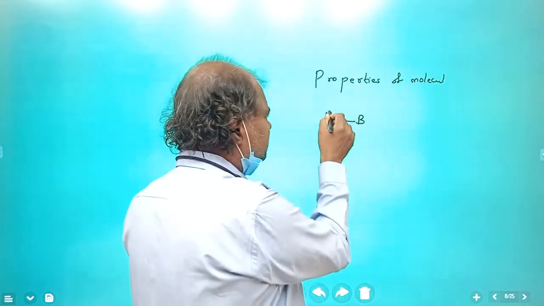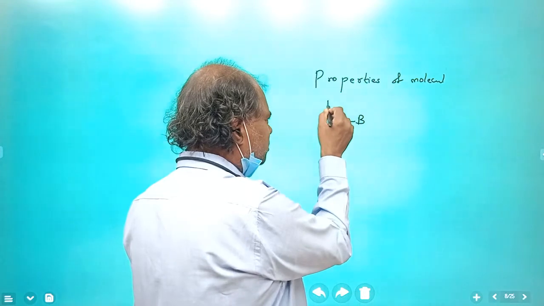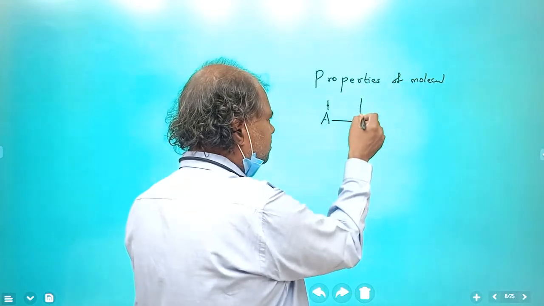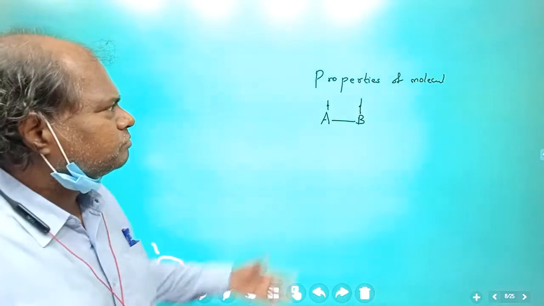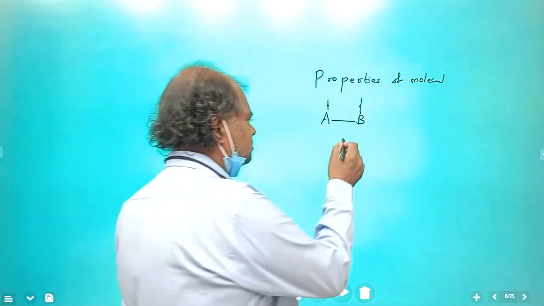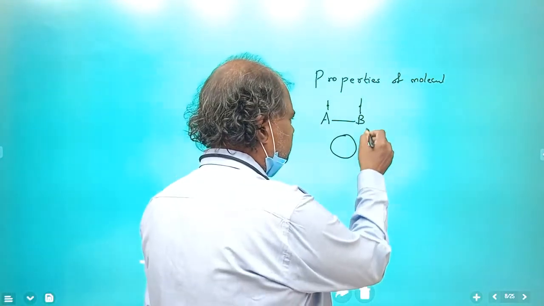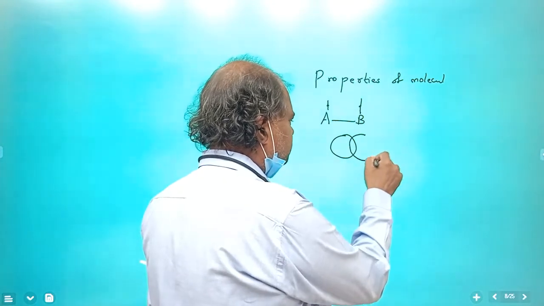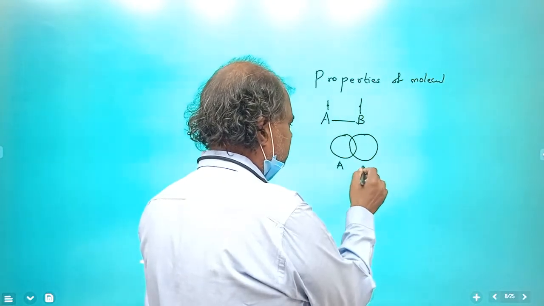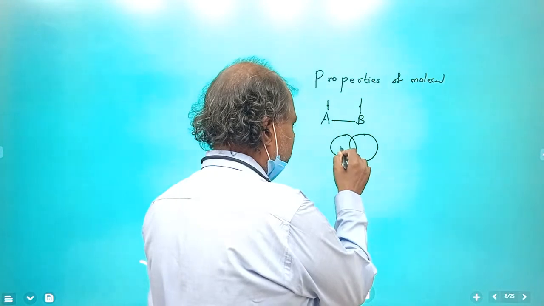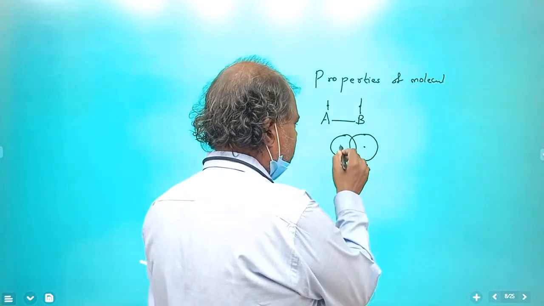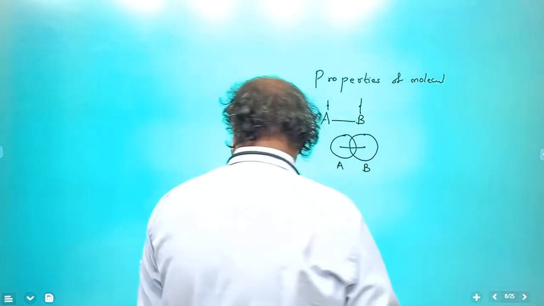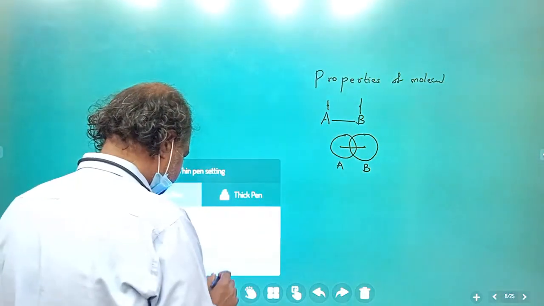What is bond length? The distance between the nucleus of A and the nucleus of B. That's called bond length. This is A, and A overlaps with B, so this distance we call bond length.